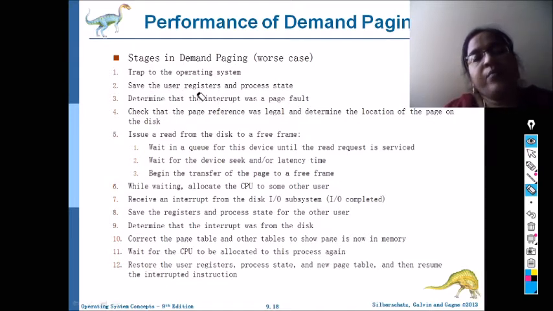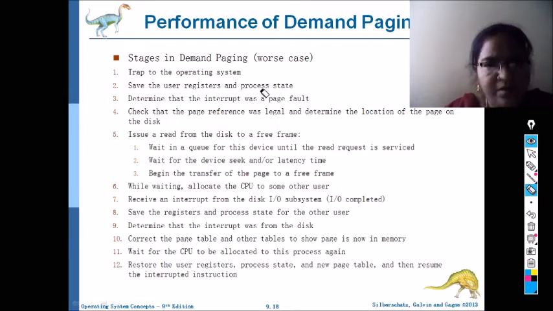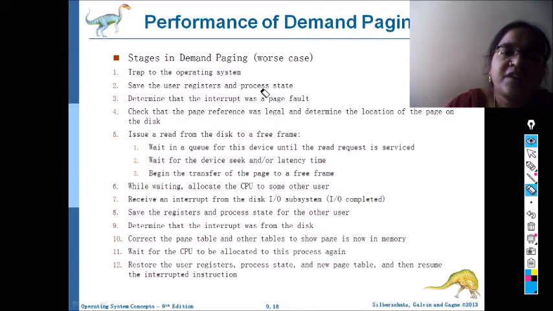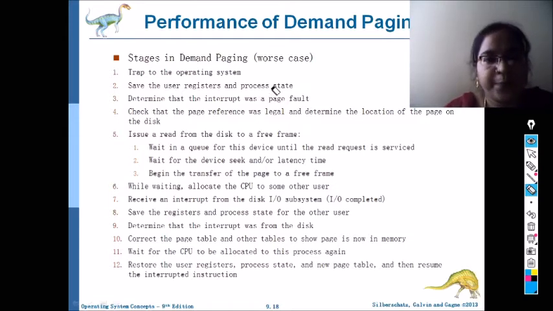Whenever you switch from one mode to the other, you always have to save the state of the user registers and the process state. Whichever process has given a page fault, it is like servicing an interrupt; that interrupt is giving you the page fault, running the page fault service routine. So user registers and process state have to be saved.